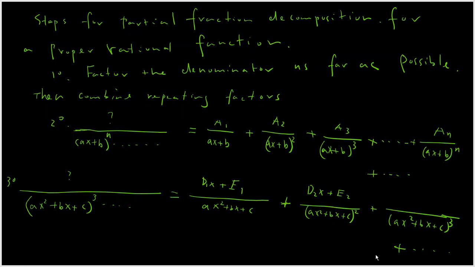I'm trying to say the numerators are linear functions. So when you see an irreducible quadratic factor to the power of 3 on the denominator, correspondingly in the form of partial fraction decomposition, you have 3 terms. And of course, I can replace this 3 with any other number.